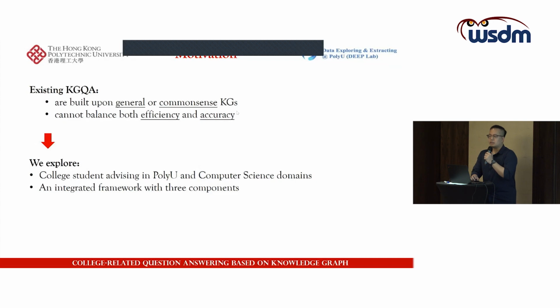And another limitation is that currently almost all the KGQA systems can be categorized into two parts. First, the traditional rule-based methods. They're considered very efficient to answer simple questions by creating predefined logics. And another type is the embedding-based method.